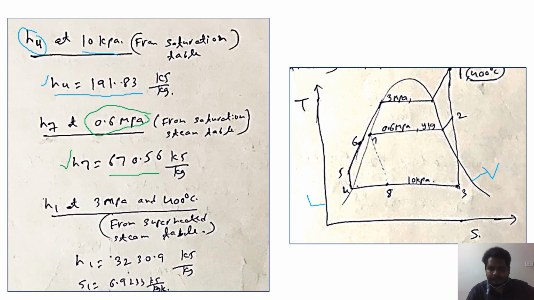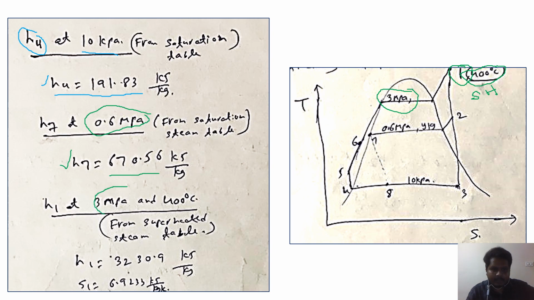And also at point 1, here the point 1 is in the superheated region. So we have to refer the superheated table at given pressure of 3 megapascal and a temperature of 400 degrees centigrade.